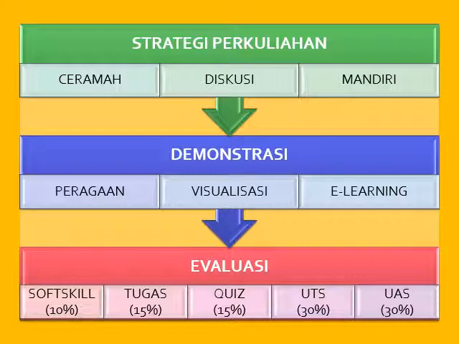And this is the proportion of your scores, how we evaluate on the subject. Soft skill is 10%, the assignment is 15%, quizzes is 15%, and then mid-test and final test. So a soft skill usually is coming from your attendance.